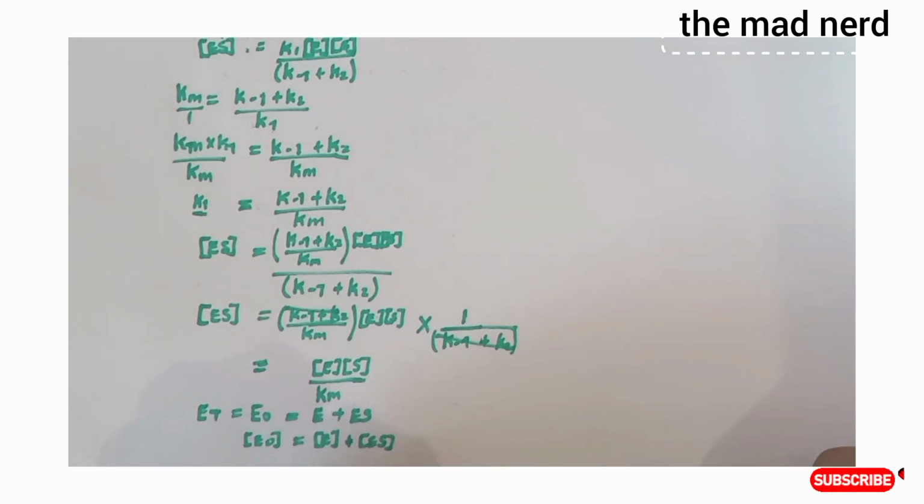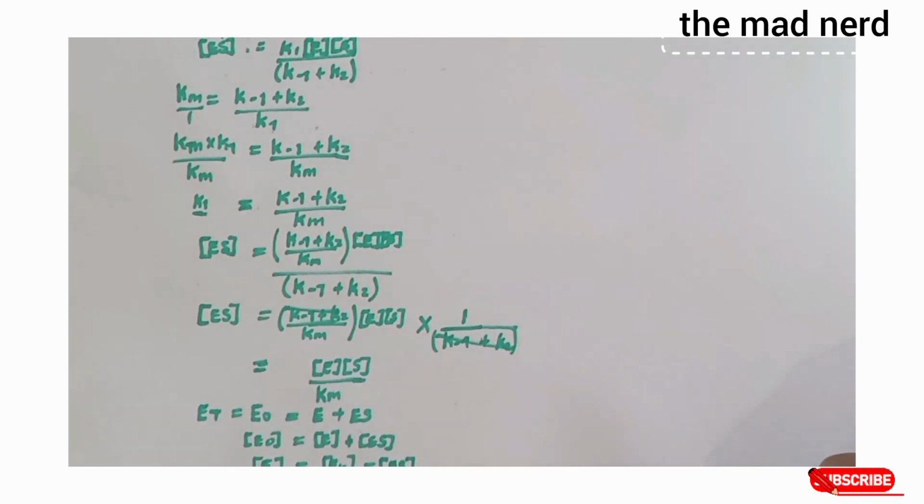Let's make the concentration of E the subject of the formula by transposing the concentration of ES to the other side, and then we're left with the concentration of E that is equal to the concentration of E naught minus the concentration of ES.